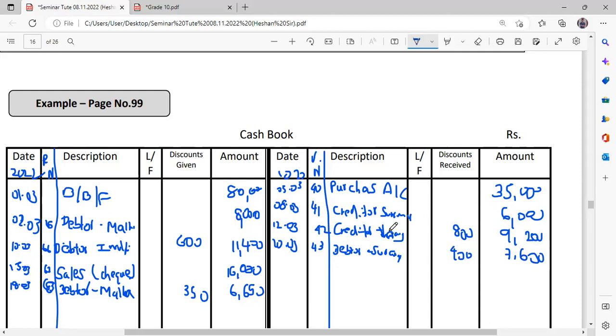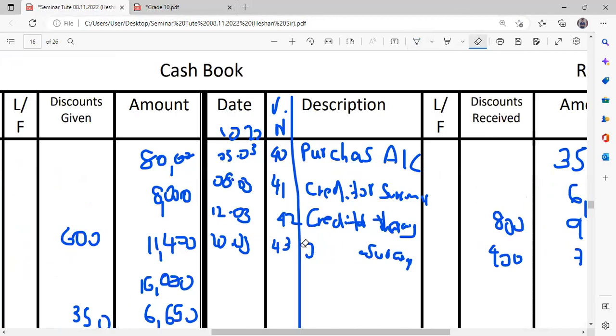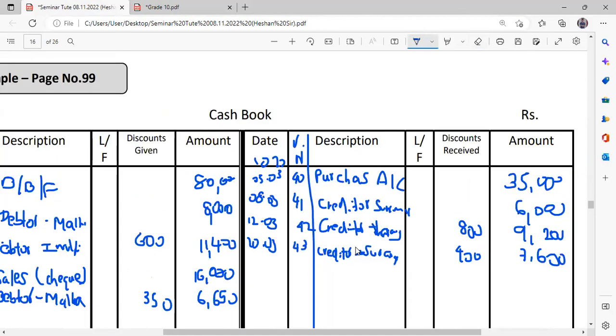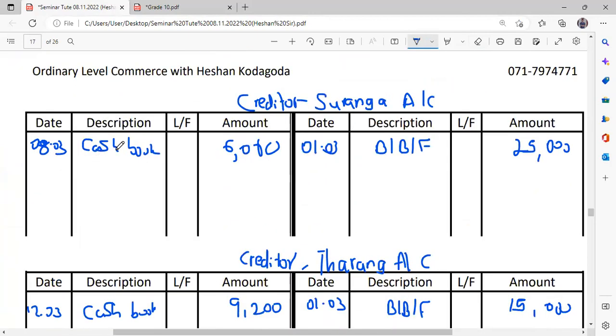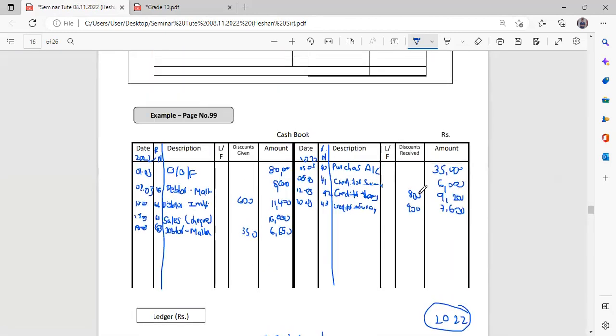So we did not receive, we paid, no. So this is creditor Suranga. We paid, so creditor Suranga, right? Okay. 20th March, cash book, 7,600. We paid only 7,600, right? So discount later, right? Okay.